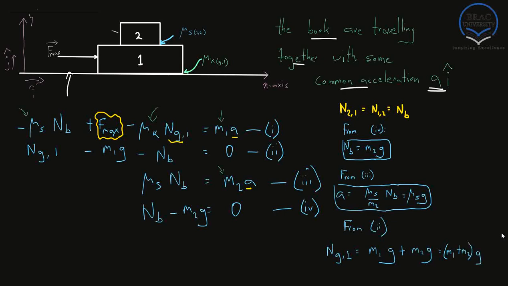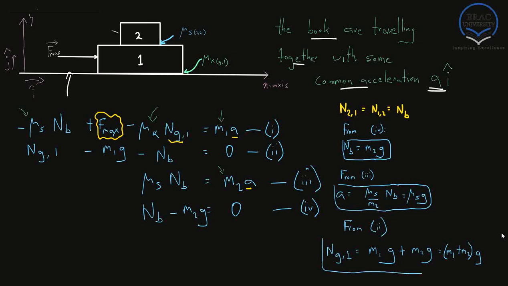Does that make sense, by the way? n_g1 is the normal reaction force from the ground on 1, which should be equal to the weight of this whole system, because you are not providing any other vertical force on the table, and the weight of the whole system is (m1 plus m2)g. So that makes a lot of sense, right?